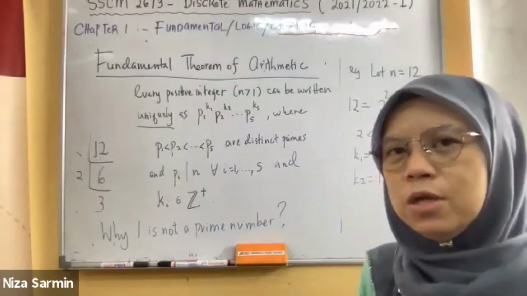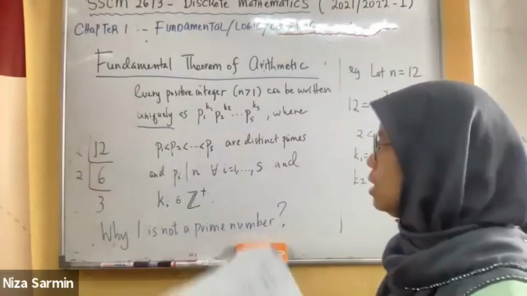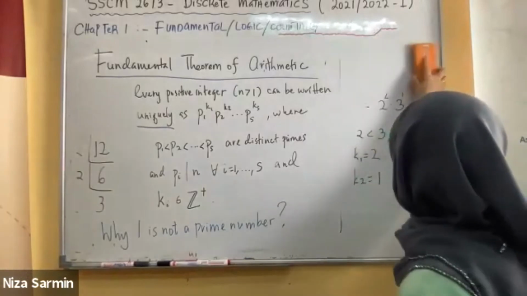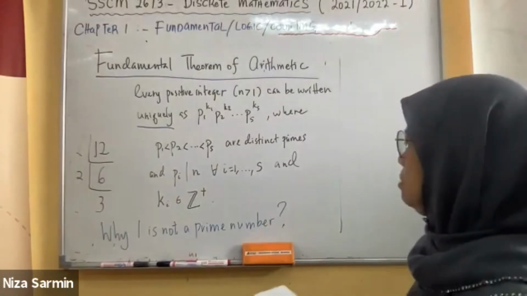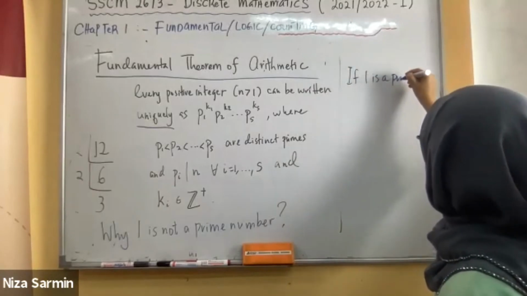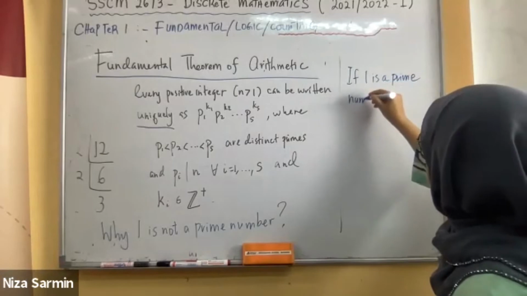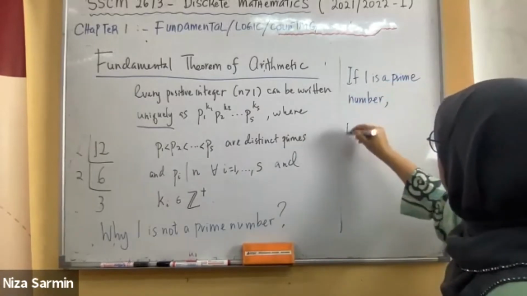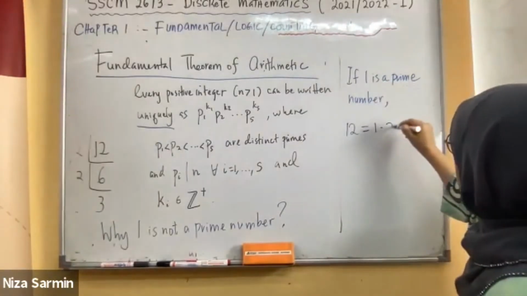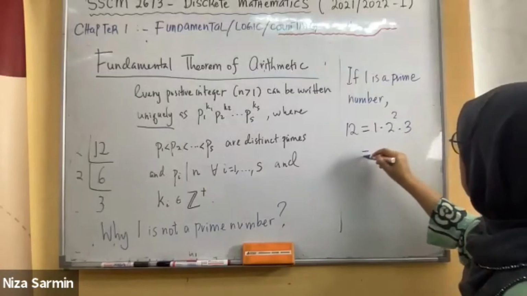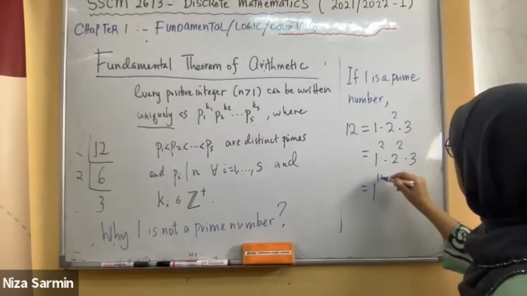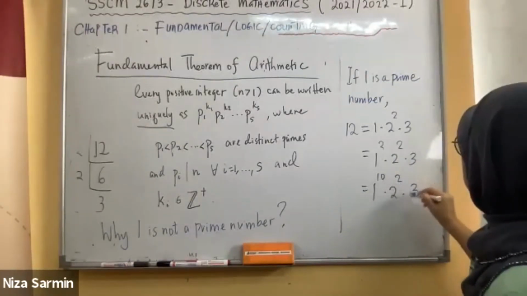Because if 1 is a prime number, 12 can be written as 1 times 2 squared times 3, or 1 squared times 2 squared times 3, or 1 to the 10 times 2 squared times 3.